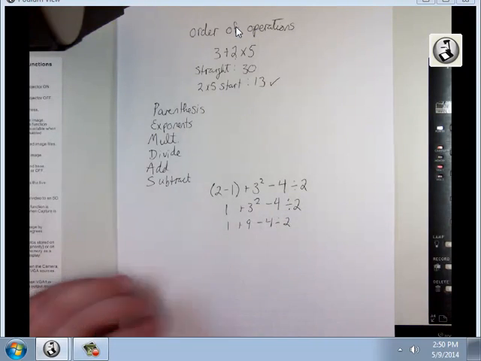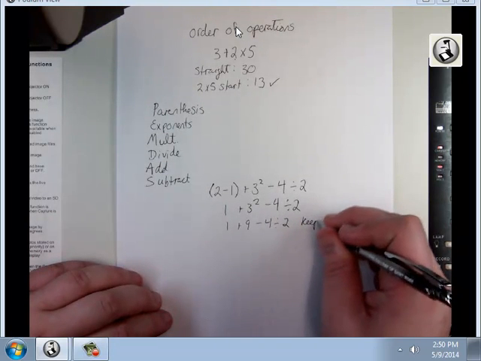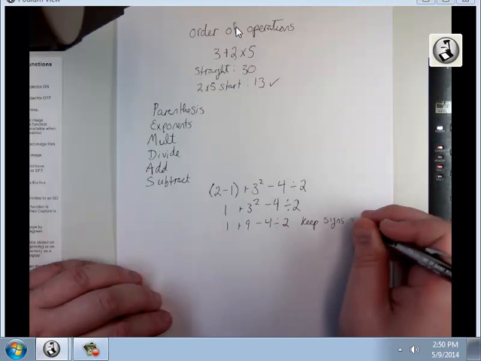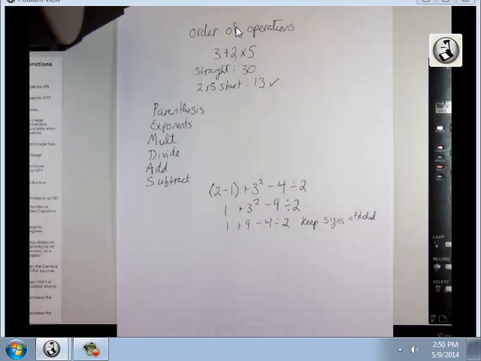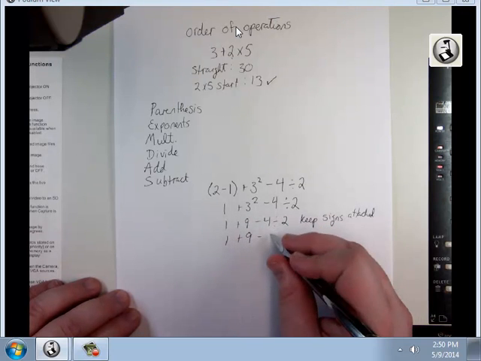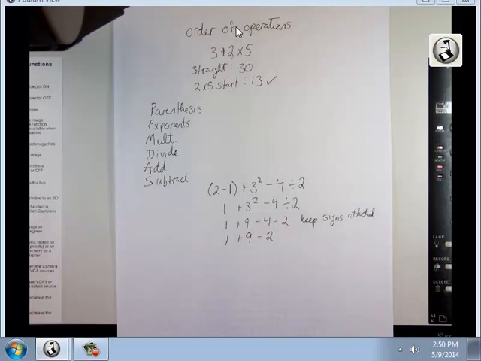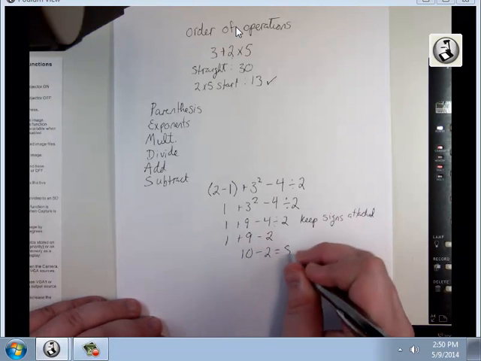There's no multiplying on this one, so that means I have to divide. Now, be careful. You've got to keep signs attached. That means it's not 4 divided by 2, it's negative 4 divided by 2. Which means it's negative 2. Now I can add things together. 1 plus 9 is 10. I'm left with 8.